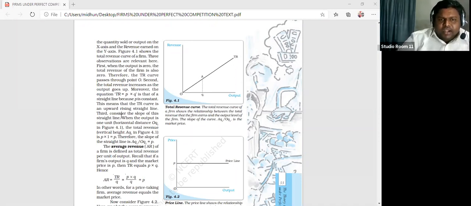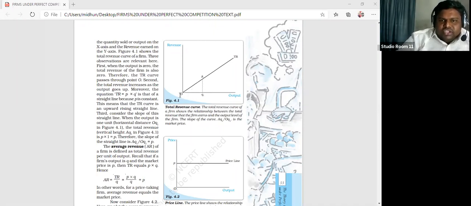That's the importance of the TR curve here. Thirdly, consider the slope of the straight line. When output is 1 unit, understand? Output is 1 unit, quantity 1 here, Q1. See here, the total revenue, that is the point A here.